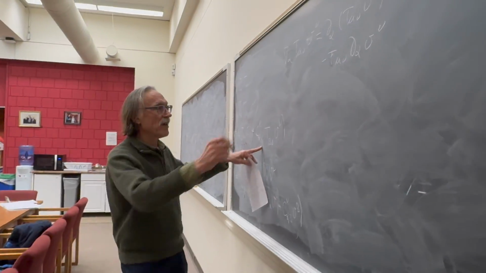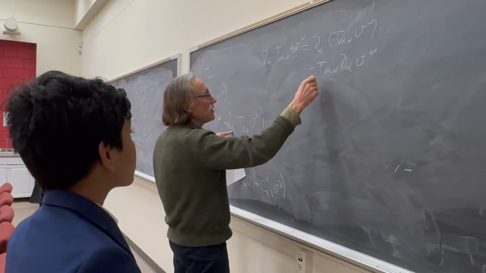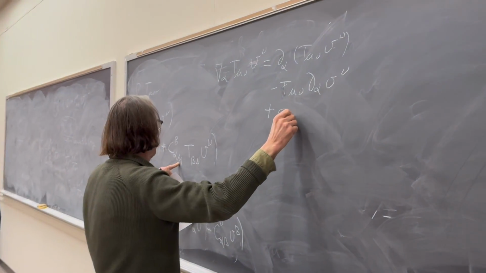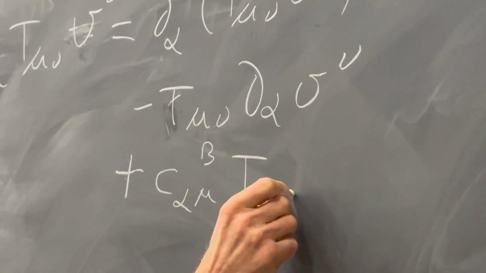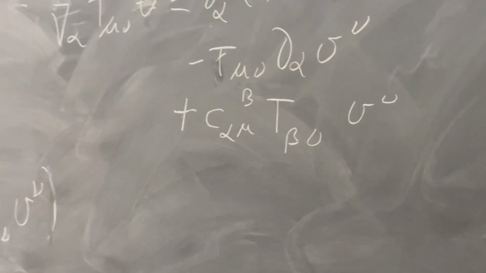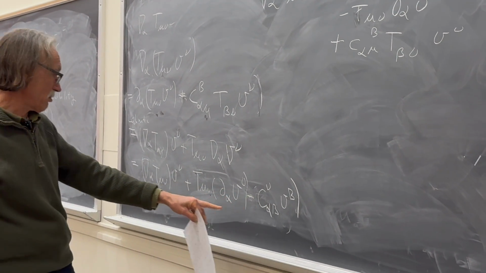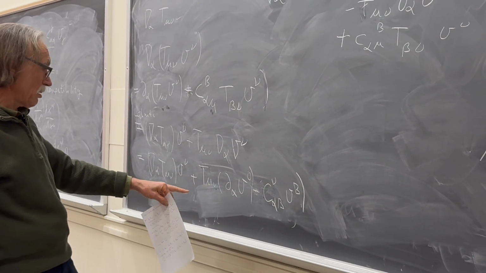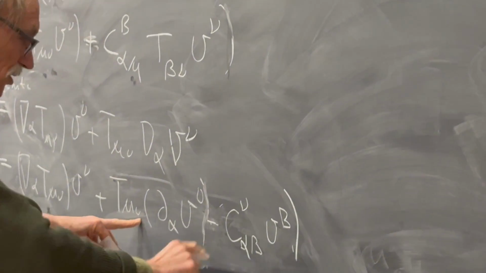Then we have this term, C alpha mu beta times T beta nu times V nu. And finally, we have this term. Did I forget something here? Yeah, the brackets should be here.